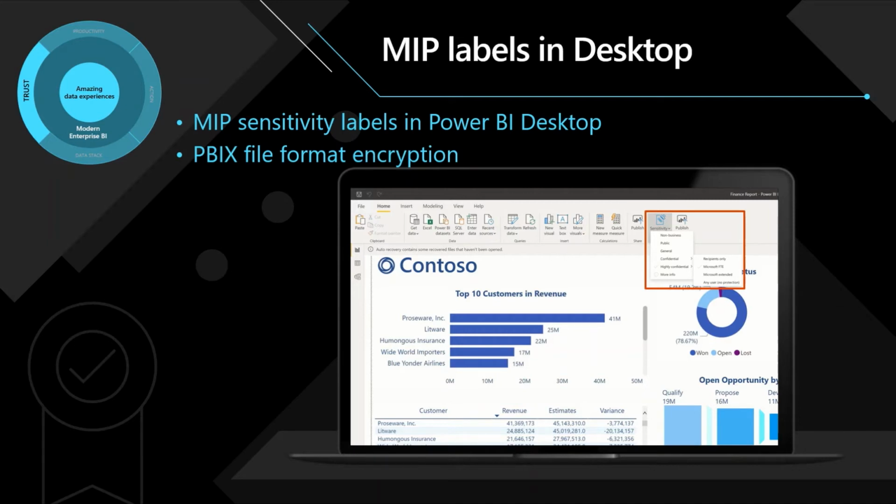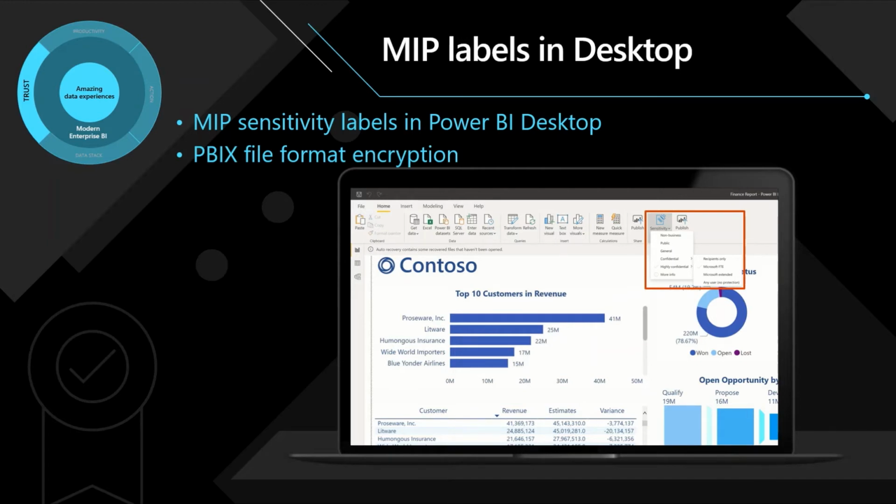So we want to enable the creators that create the content in desktop to apply sensitivity labels in desktop itself, and then once they publish the PBIX file into Power BI service, the sensitivity label will travel with this publish and will be applied on the dataset and report in Power BI service.